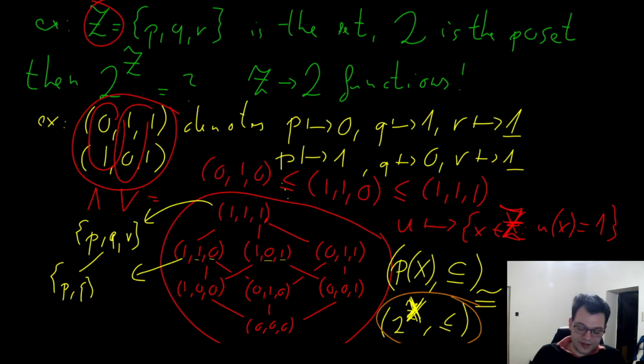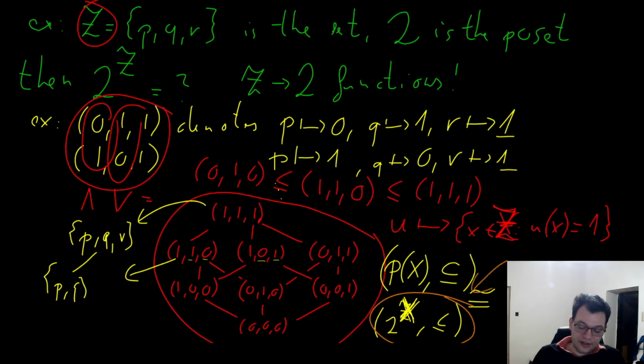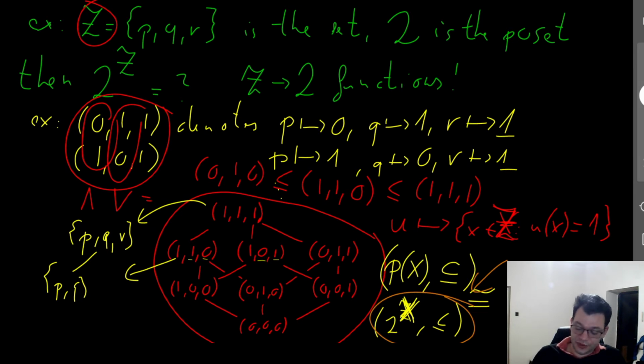So this is the notion with which we will go, the 2 to the X notion. So assignments are 2 to the X because we are not only using 2-valued logic during this course.